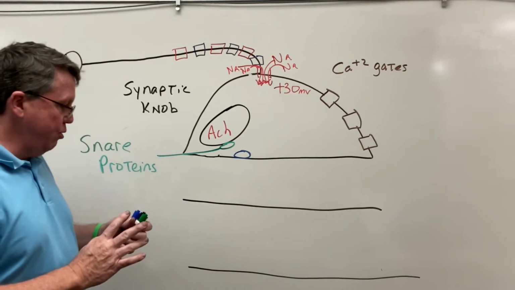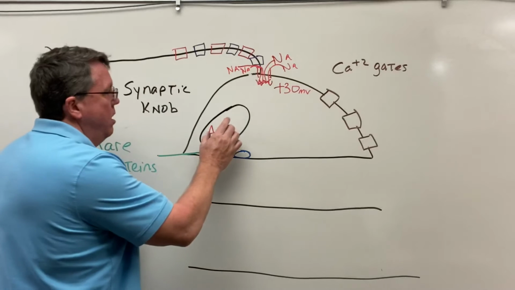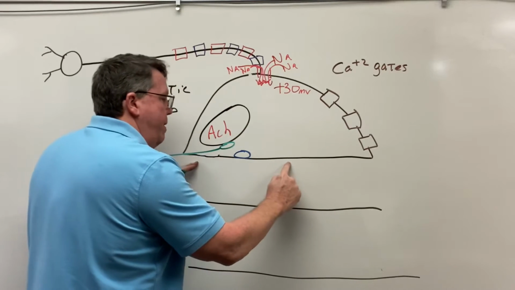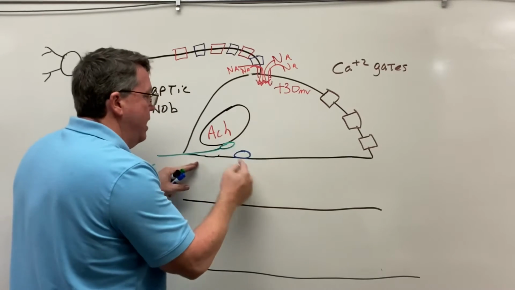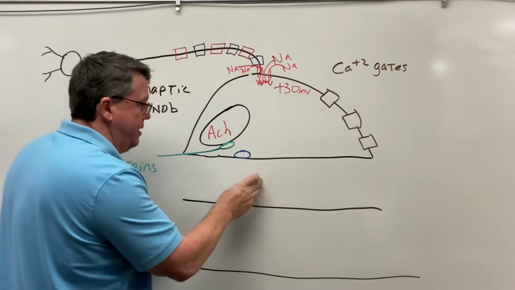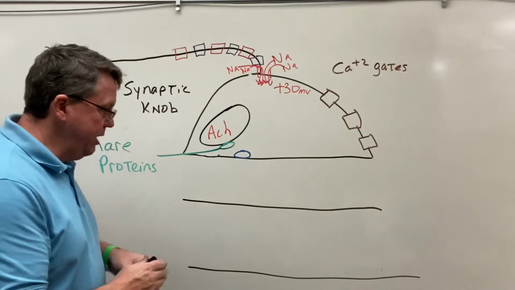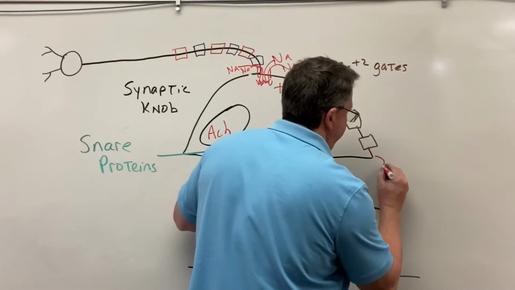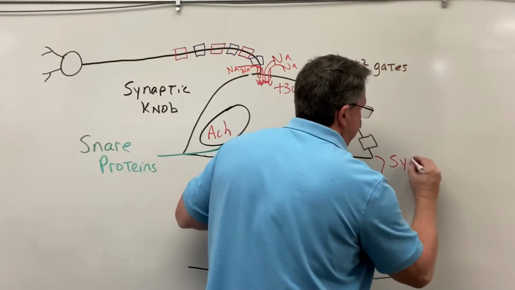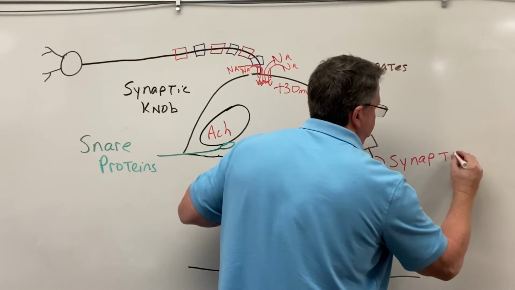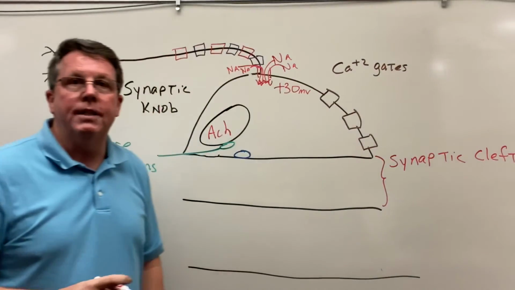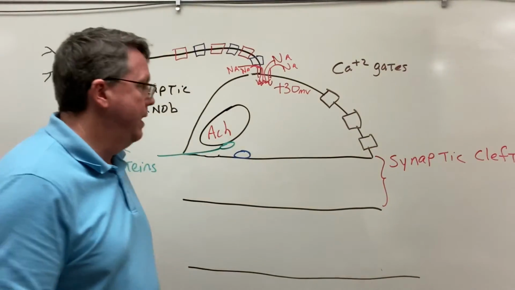The way a synapse works now is this vesicle, when needed, will fuse along the membrane again, and it will kick the acetylcholine out, which will cross this space. This space right here is called the synaptic cleft. Let me write it down here.